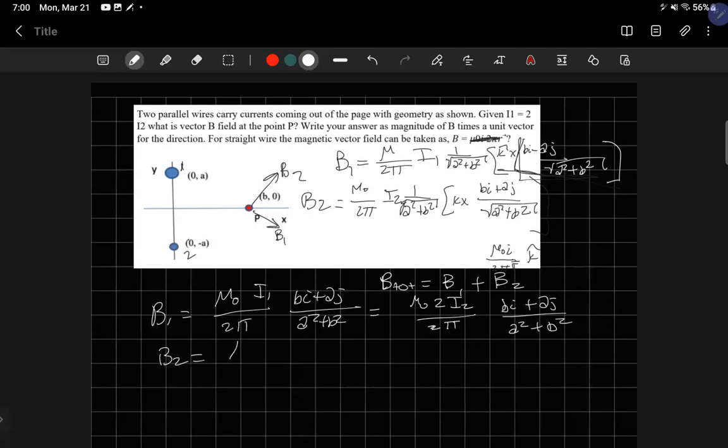Same process, mu naught I2 over 2 pi. Whenever you cross, you're going to get B i minus A, no, other way around. No, other first time.